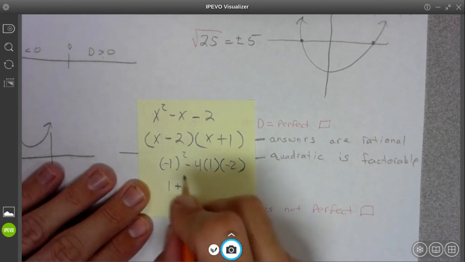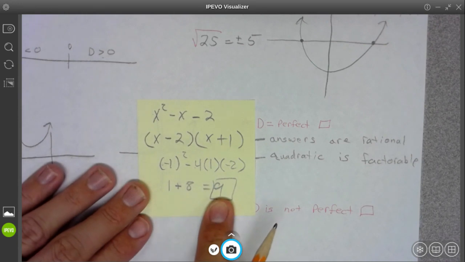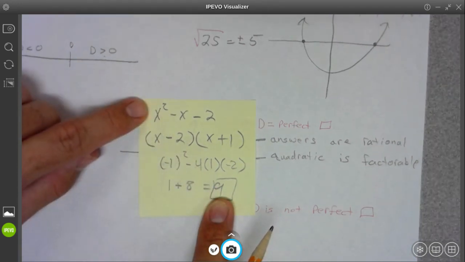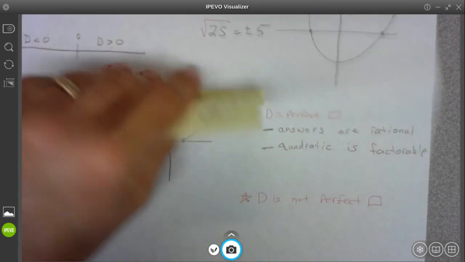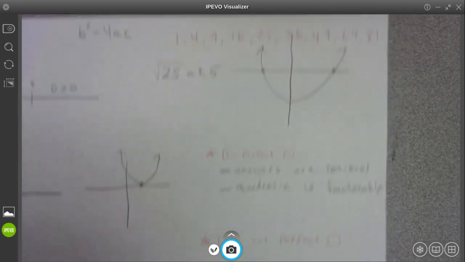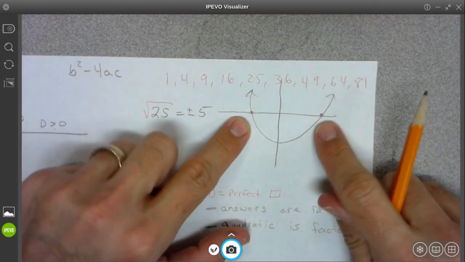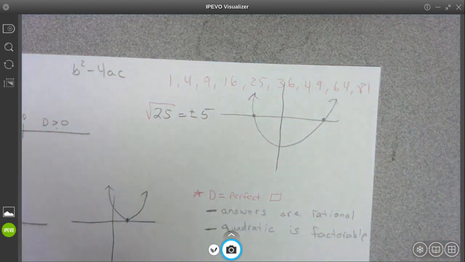And then 4 times 2 is 8. You get 9. And 9 is a perfect square, which meant that this original polynomial is factorable. All right, and that's pretty rare. You don't always get that. So it will cross the x-axis in two places, and where it crosses, they will be rational numbers.